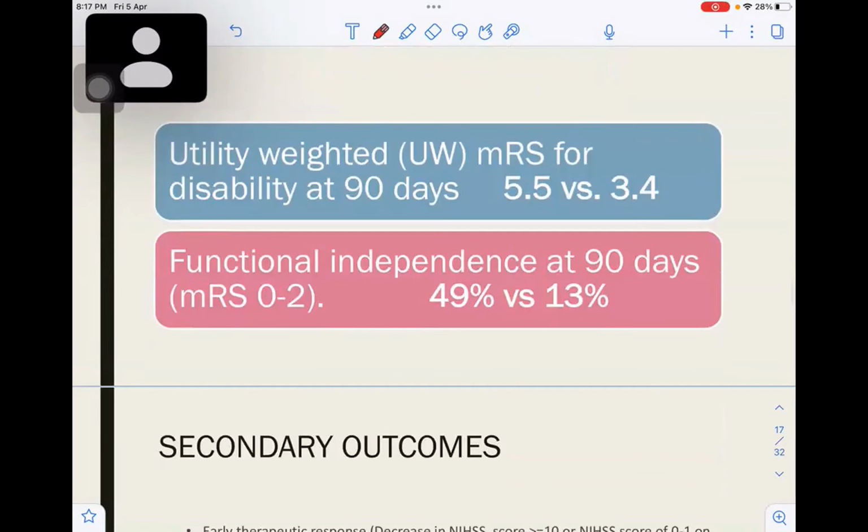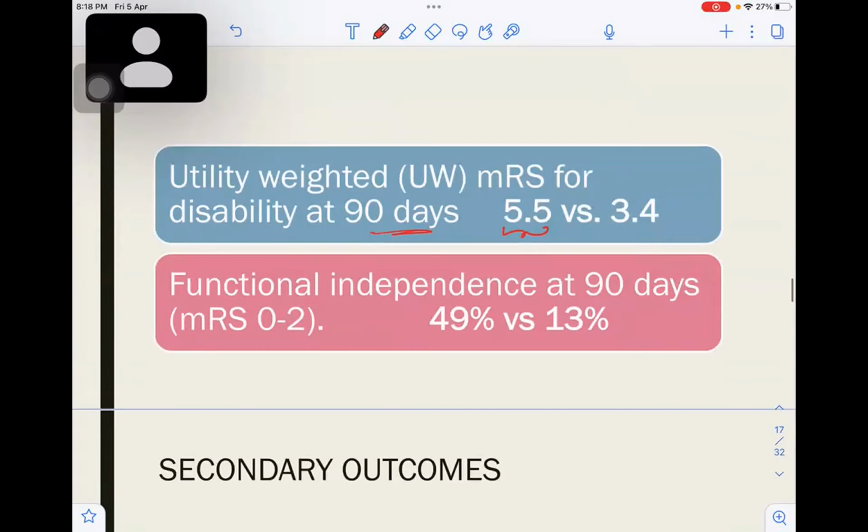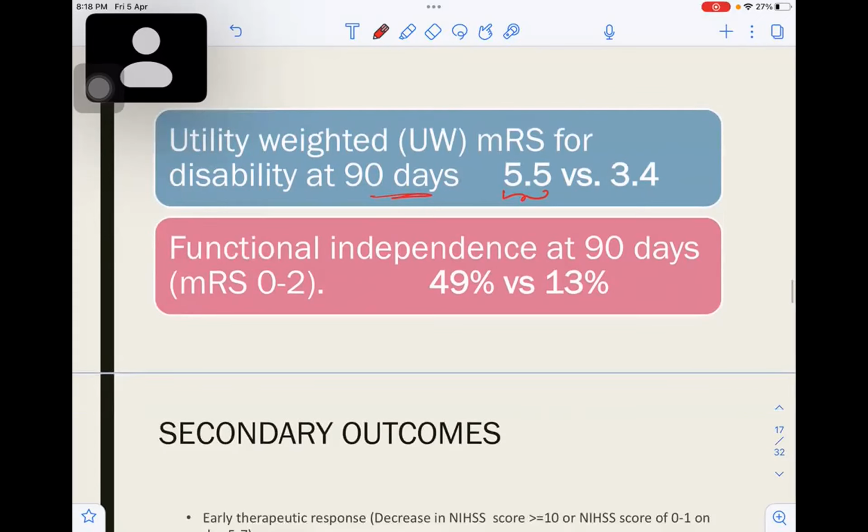What they found is that the utility weighted MRS for disability at 90 days was about 5.5. So that means it is a good number, right? They found that in the interventional arm it was 5.5, whereas it was 3.4 in the control arm. They also found functional independence at 90 days was 49% in the mechanical thrombectomy arm, which is very significant.